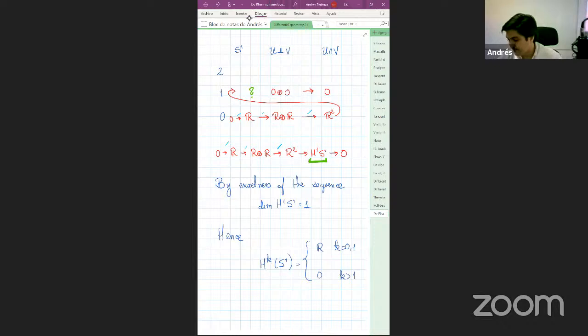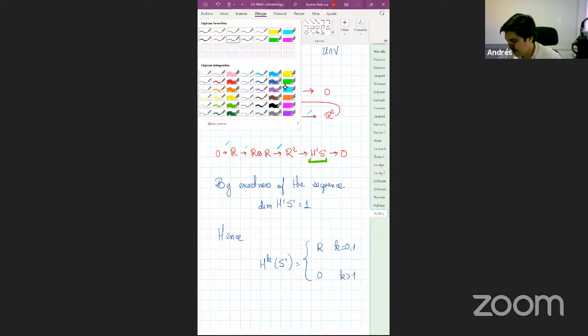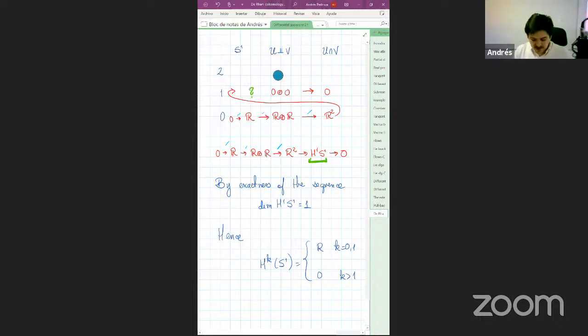Now, we have the following that we need to understand very well. You know that this one is isomorphic to the reals, is one-dimensional.